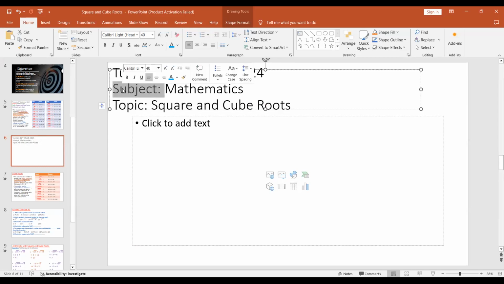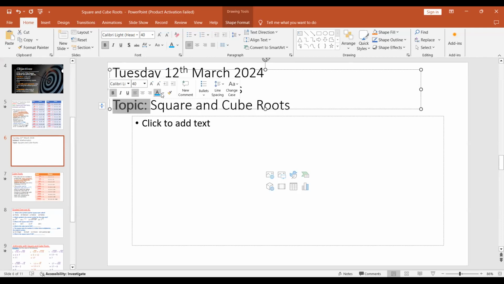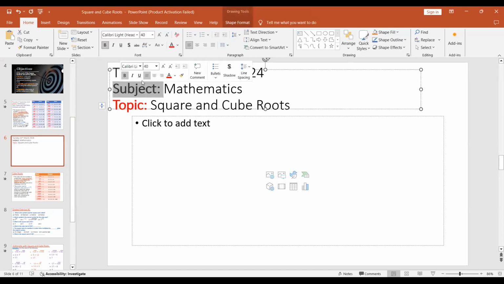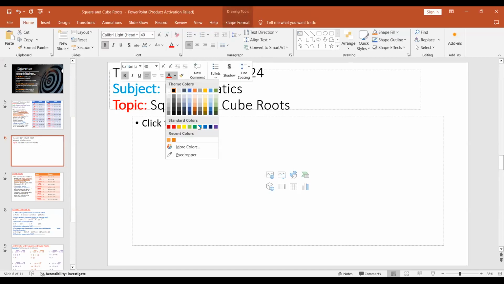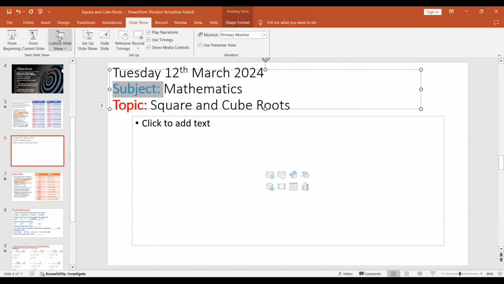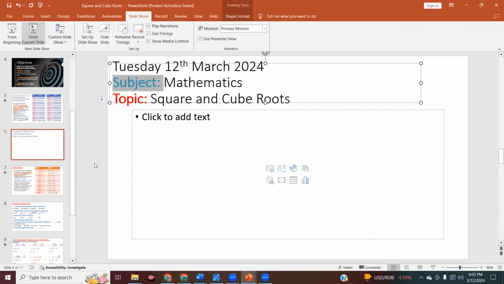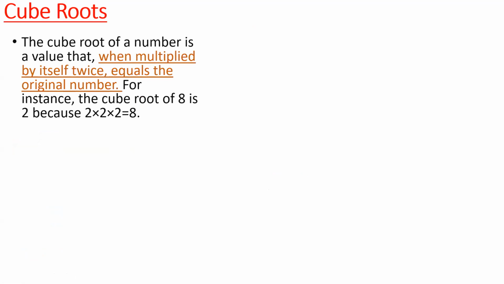Let's begin by talking about cube roots, because we did square roots yesterday. The cube root definition tells us, write this down for me please: a cube root of a number is a value that when multiplied by itself twice equals the original number.